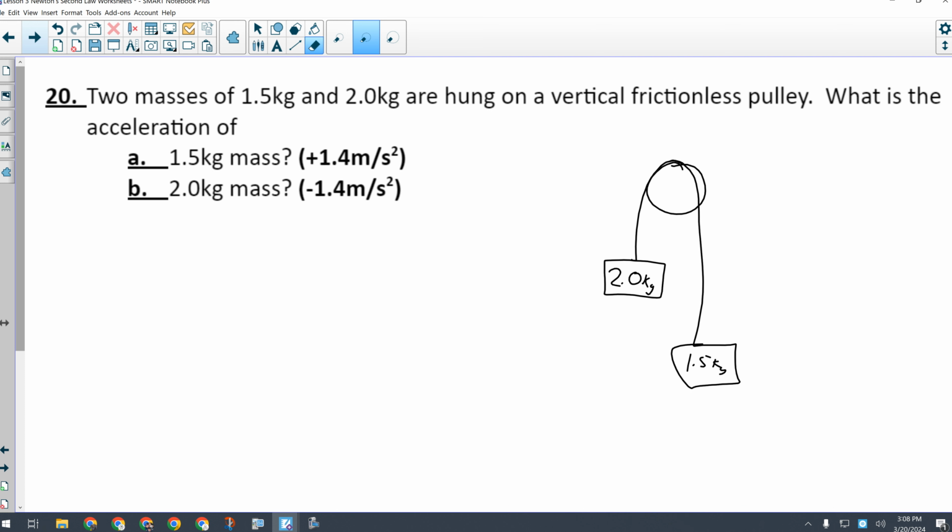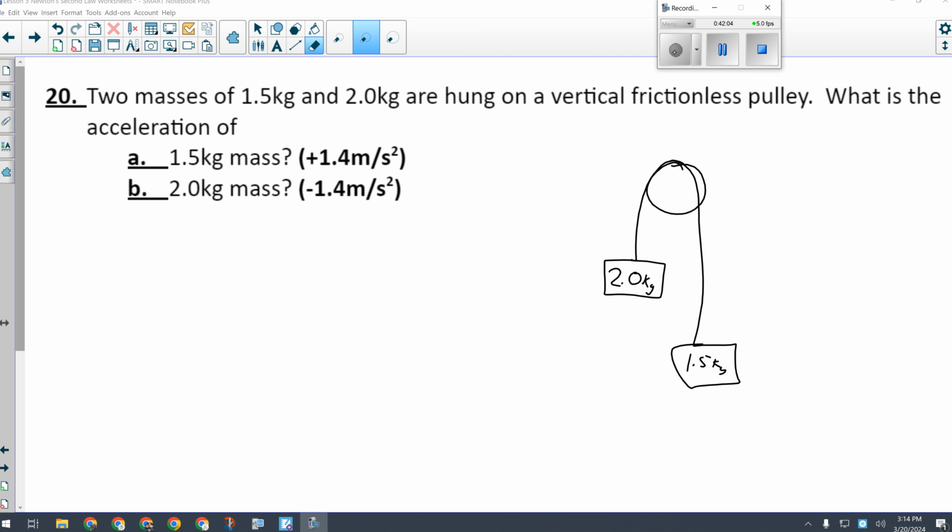Okay, see if you can do that one. Okay, let's have a look at this one. How many forces are in this system? Two.